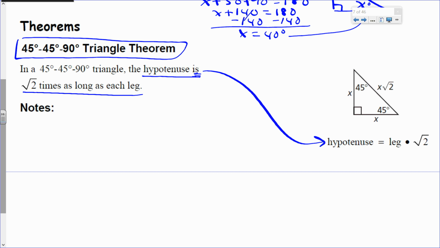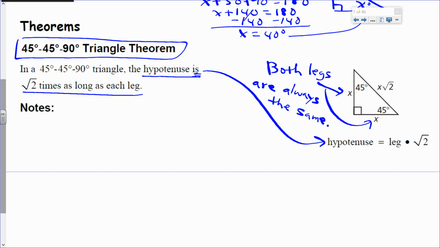Now on the picture on your note guide, I want you to put an arrow at both legs. Both legs are always the same.